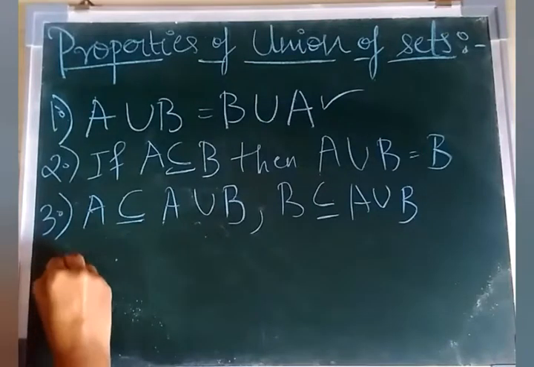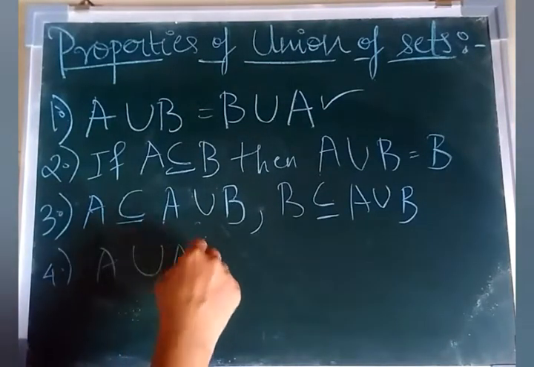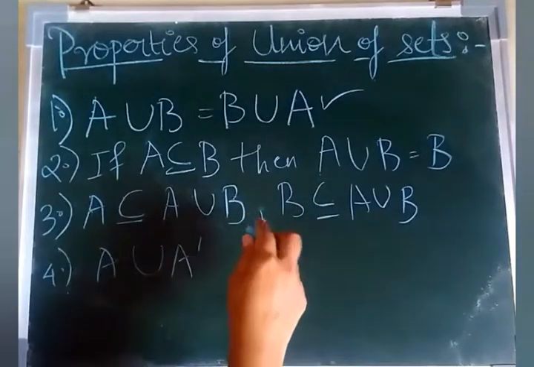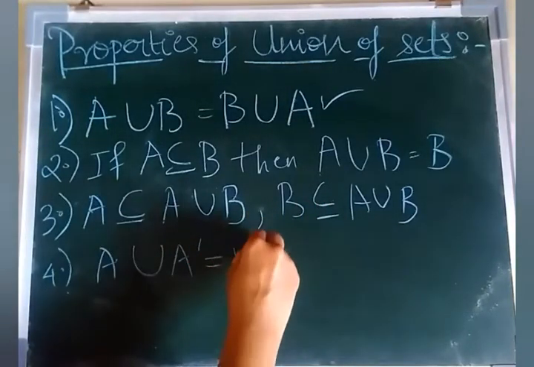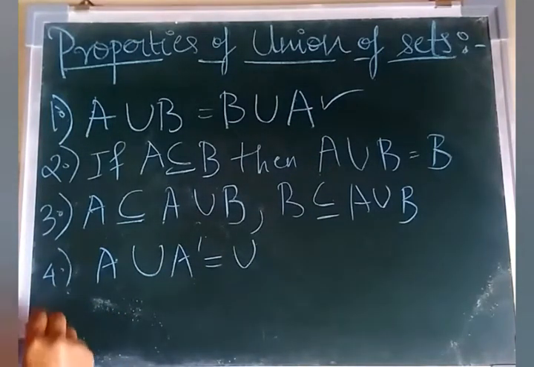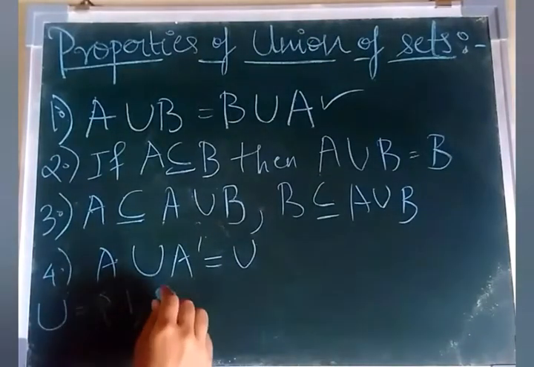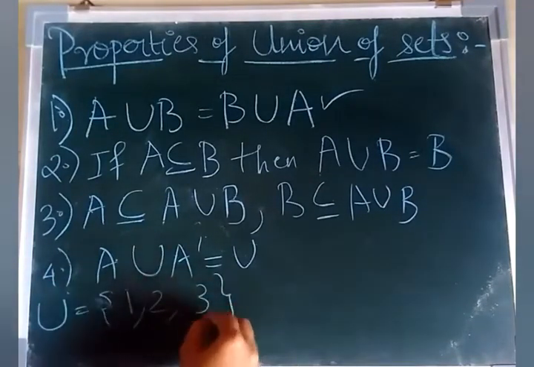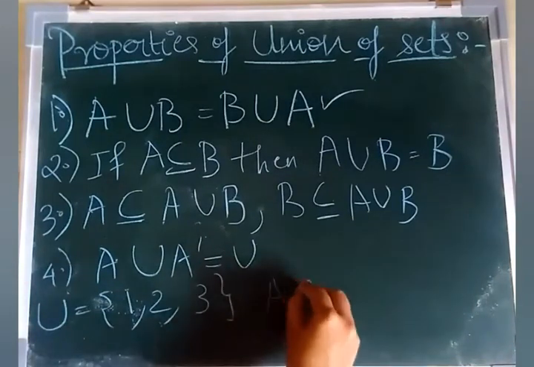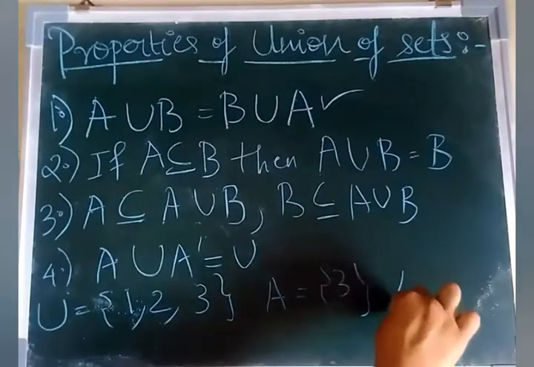The fourth property is that A union A complement will form the universal set. Let's take an example. Universal set U is equal to {1, 2, 3}. If I take A equal to {3}, then what will be A complement?